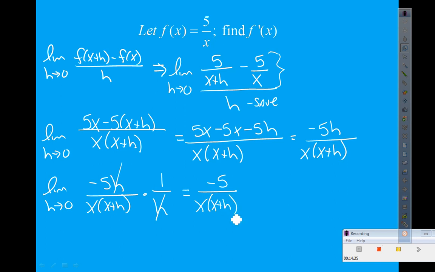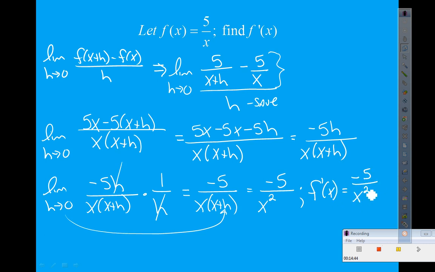Now when I let h go to 0, I'm going to get negative 5 over x squared. Okay, so here's what I got. I got that f prime of x is negative 5 over x squared. So there's what we got on that one. Don't forget, like I almost did, I almost forgot to use this guy.